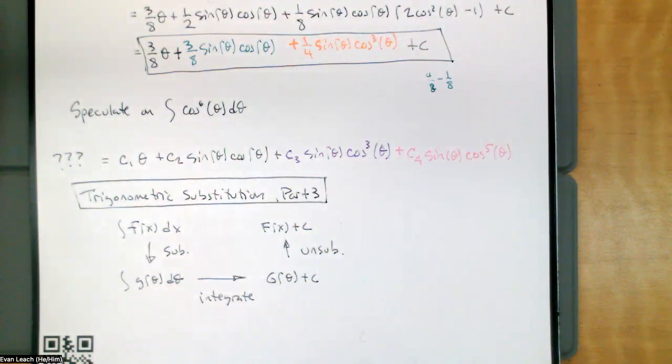Phase 2, you integrate it. Odd powers of cosine, odd powers of secant, even powers of cosine. Dealt with those.